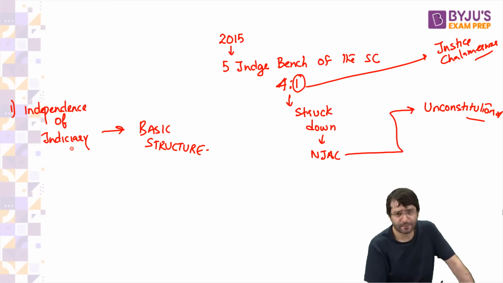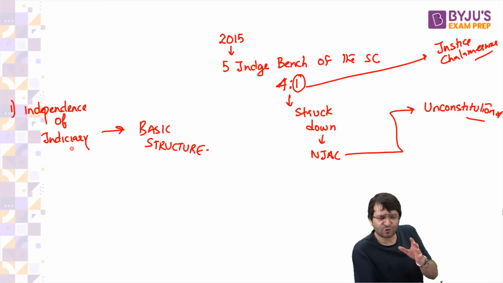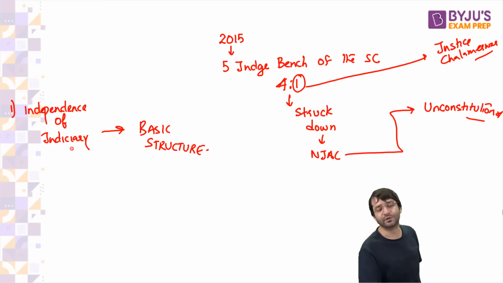But maybe Supreme Court thought if we only say independence of judiciary is part of the basic structure, people would find it difficult to accept how this NJAC violates independence of judiciary. We have to come up with some other solid reason why NJAC is unconstitutional.